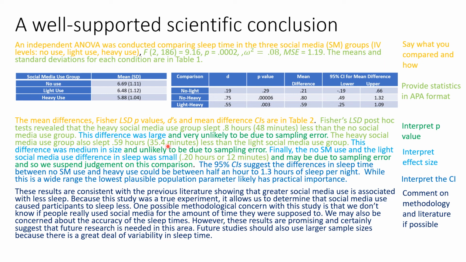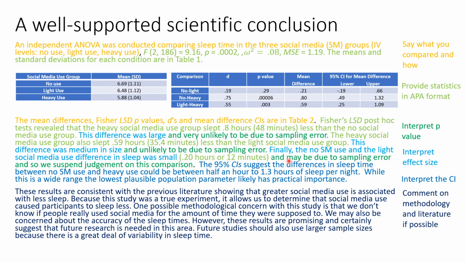This difference was large, now I'm interpreting the effect size, and it's very unlikely due to sampling error, interpreting the p-value. The heavy social media use group also slept about 0.6 hours or 35 minutes less than the light social media group. This difference was medium, interpreting the effect size, and unlikely due to sampling error, interpreting the p-value.